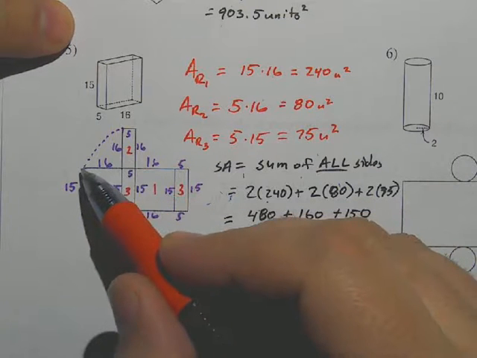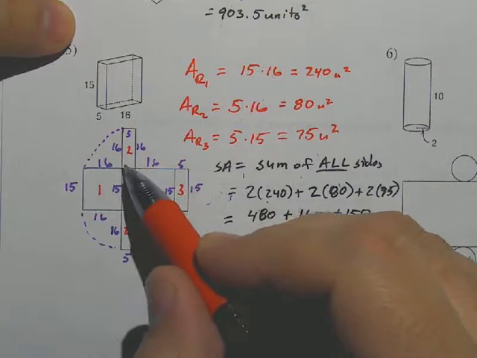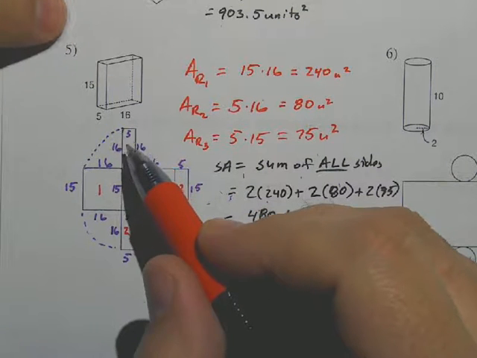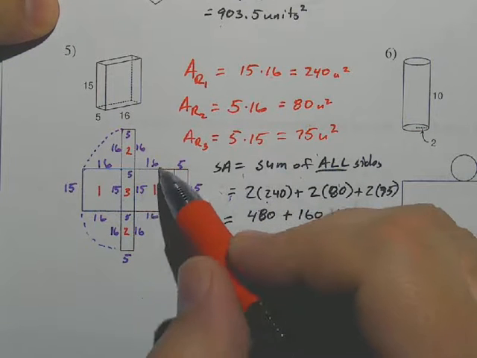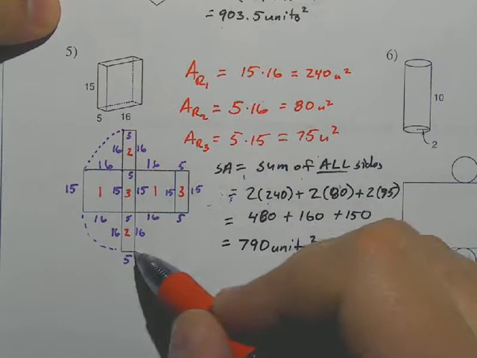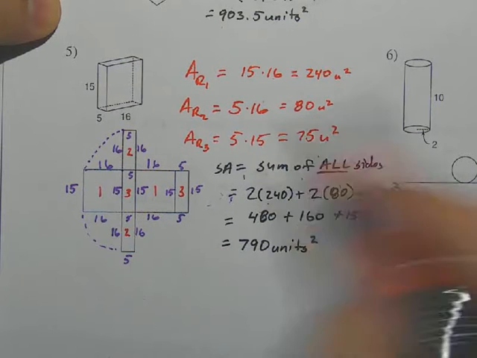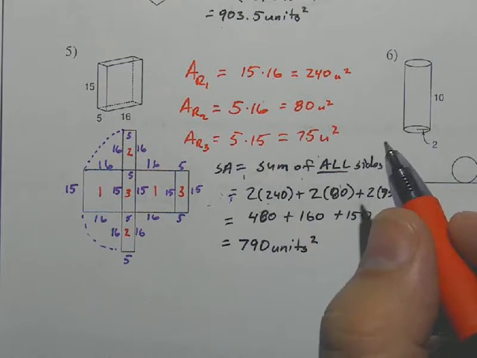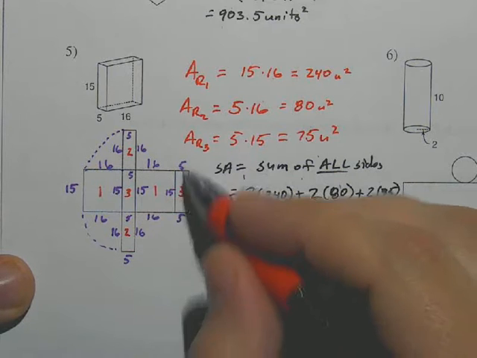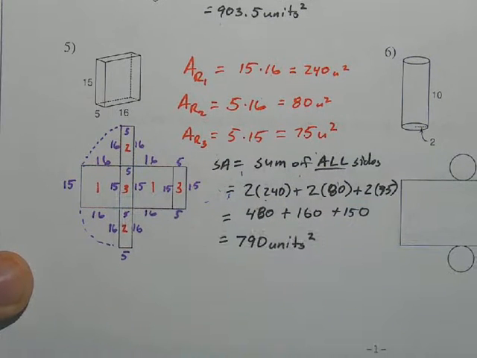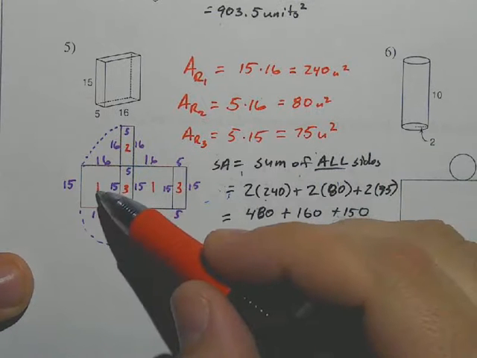This is like an unfolded box where this side's going to fold up and touch this side. So they have to be the same length, which is 16. Rectangle makes this 16, those fold together makes that 16, rectangle makes this 16, these fold together, and these fold together, and that's all the 16s. And then that leaves 5 wide here and 5 wide here.